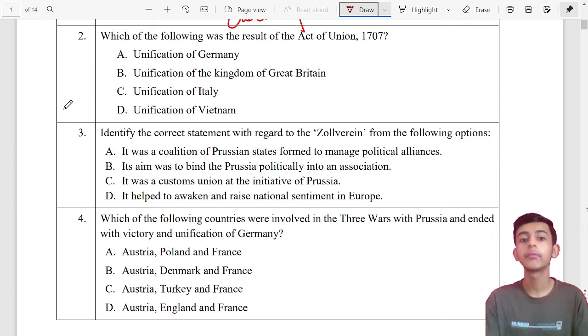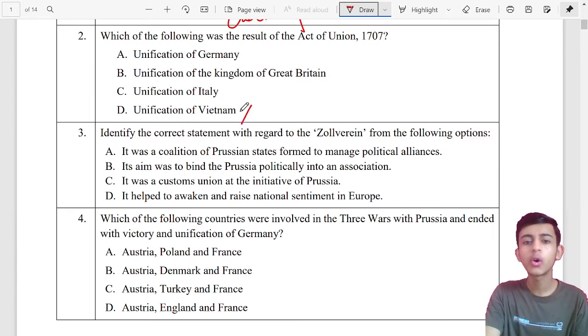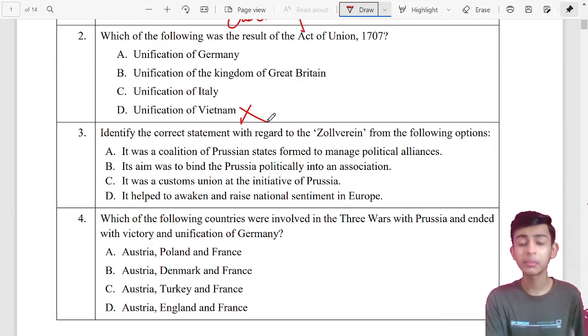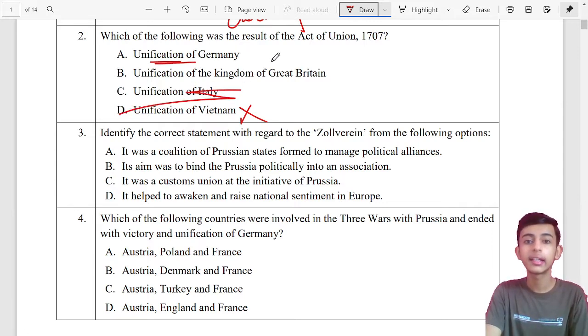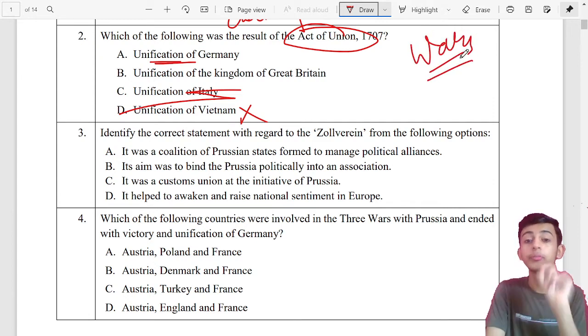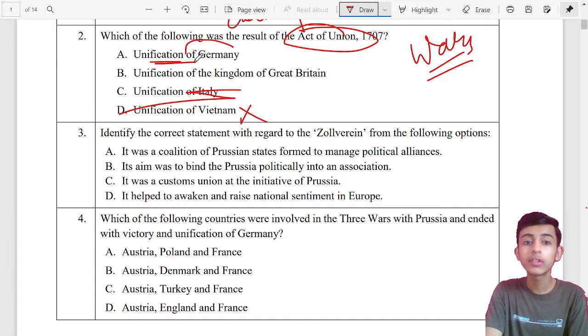So first thing, Vietnam cannot be the answer because we are talking about Europe. In the entire chapter, we are just talking about European countries. So Vietnam is not a European country. Then the unification of Germany and Italy was not the result of the Act of Union. It was the result of wars. Because of wars, Germany was unified.